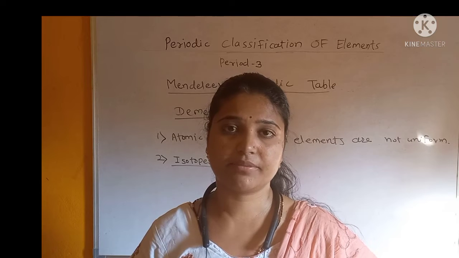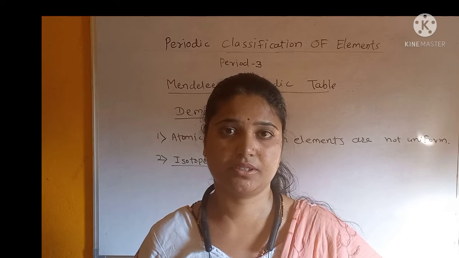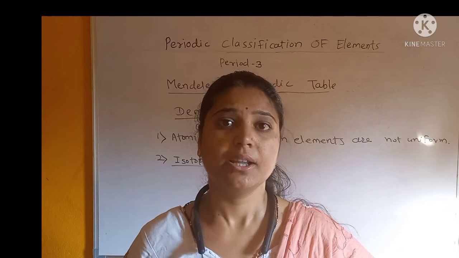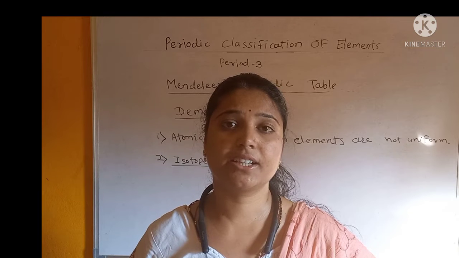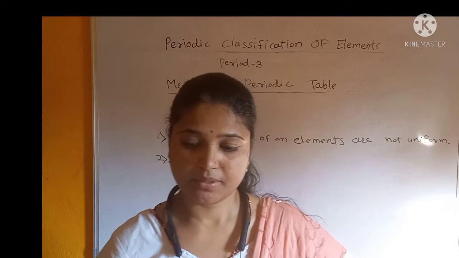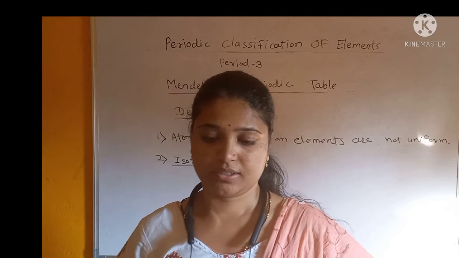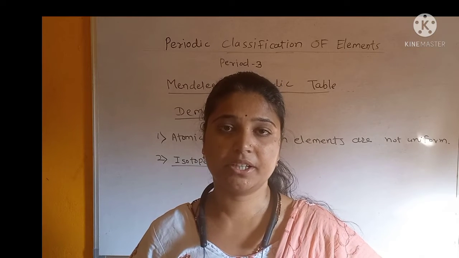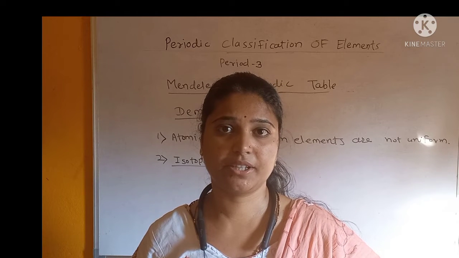Isotopes were discovered a long time after Mendeleev's periodic table, and there is no exact place for isotopes in it, because they show the same chemical property but different physical property.